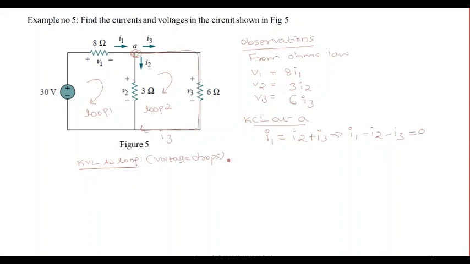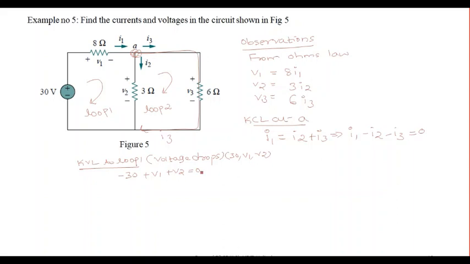First is 30 volts, second is V1 and third is V2. If you go clockwise, the polarity is minus, plus, plus. So that gives us minus 30 plus V1 plus V2 equal to 0.